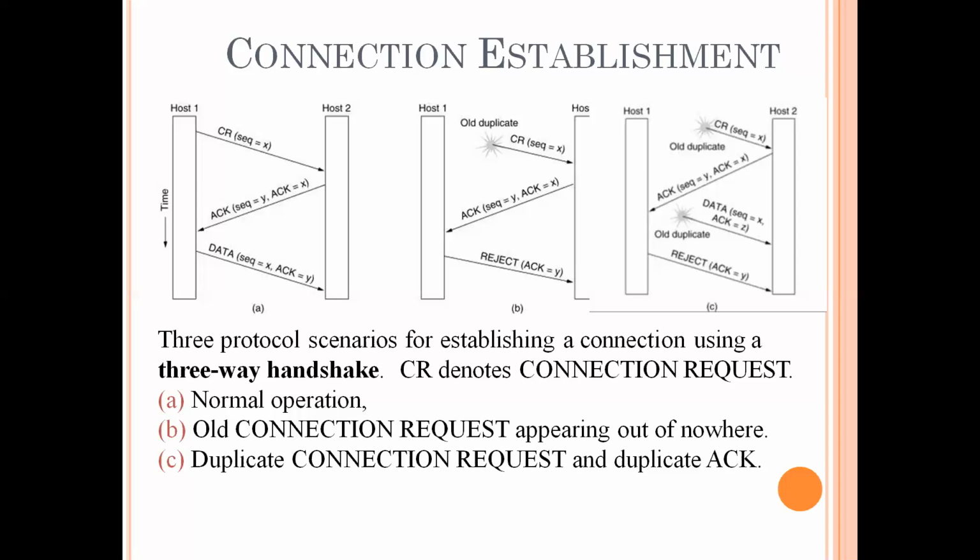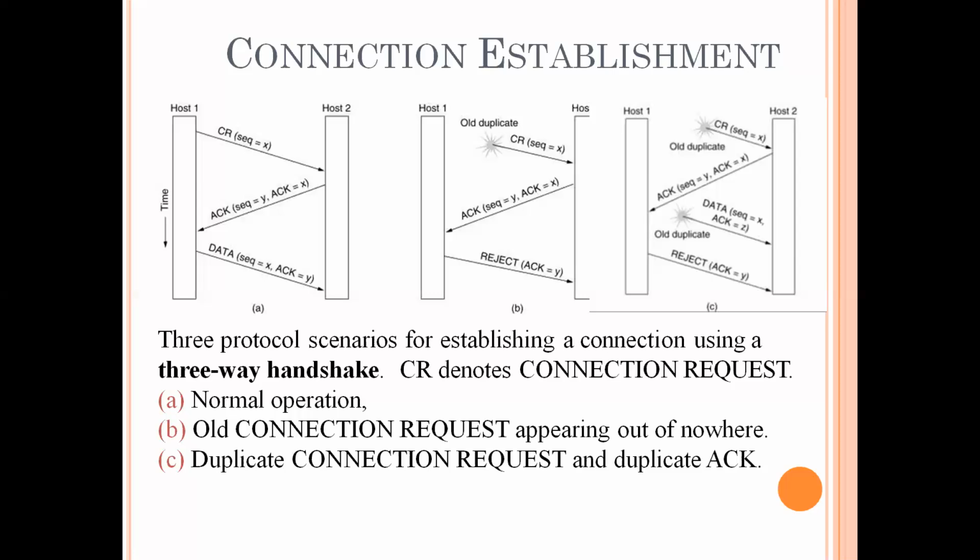This duplicate or old connection request occurs because the connection from one host to another host may be of many ways. The receiving of the data from different ways may take different times. Because of the delay, there may be an occurrence of old connection requests and duplicate connection requests.